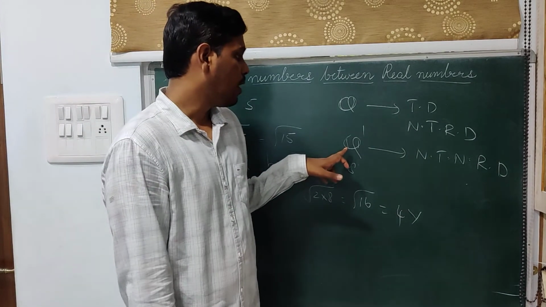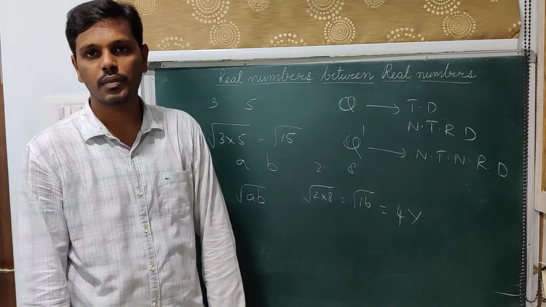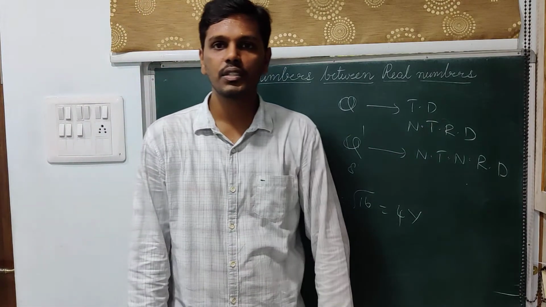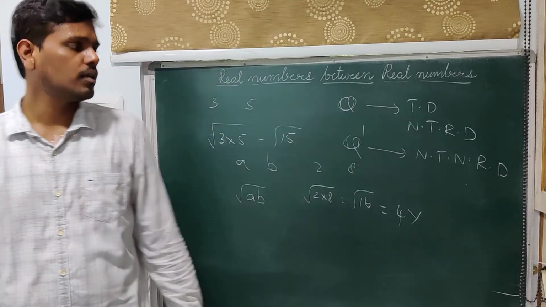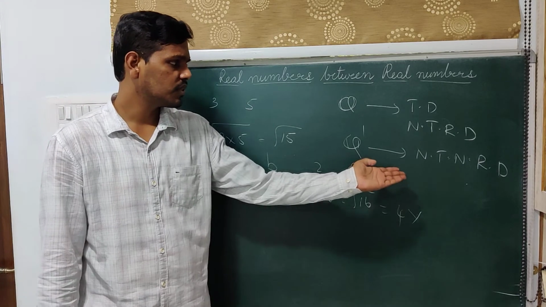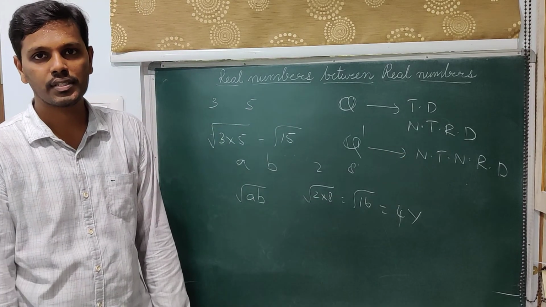Here, all rational numbers need not be non-terminating repeating decimals. There can be numbers which are irrational but are not non-terminating, non-repeating decimal expansions.